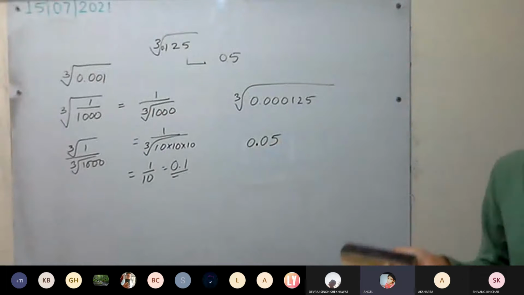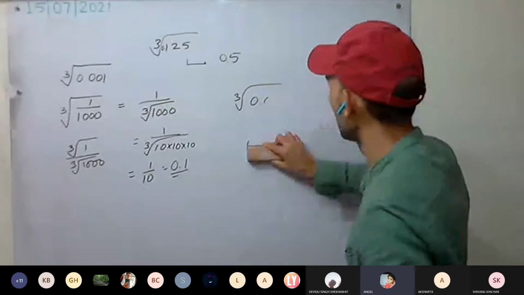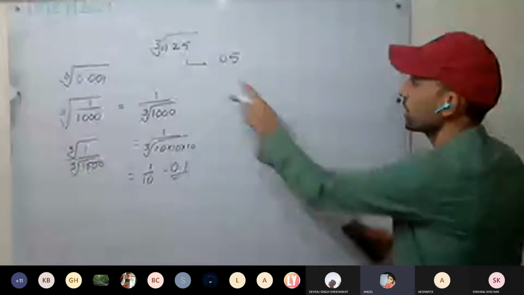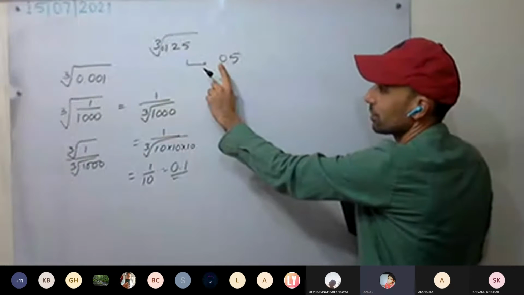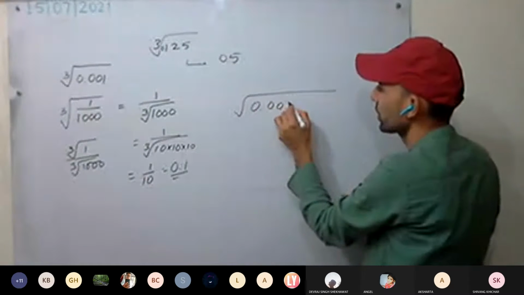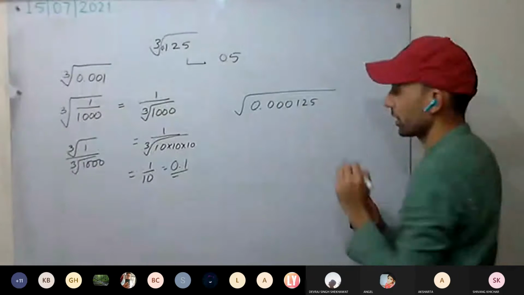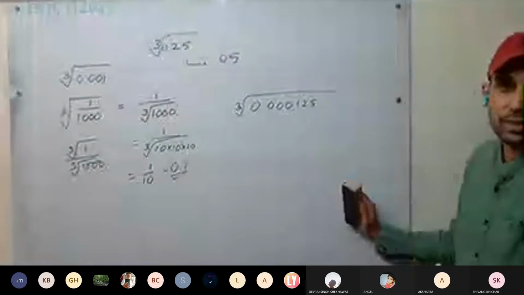Sir, I don't understand this one. Which one? Now, this you understood? Okay, so now see here, 0.000125 is given. What is the cube root of 125?